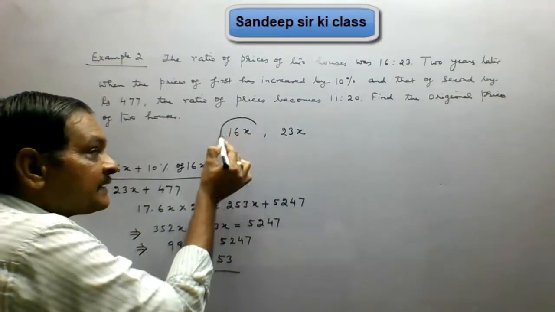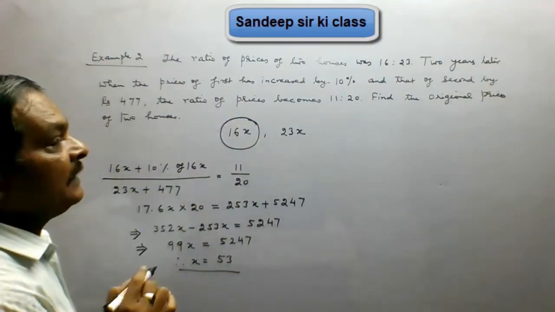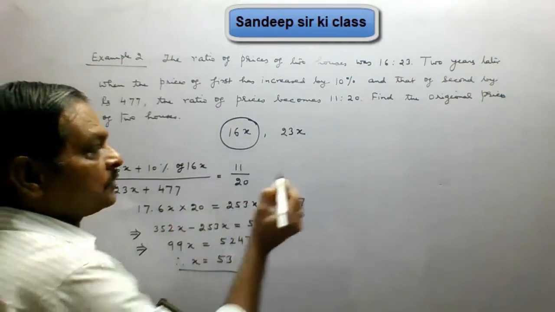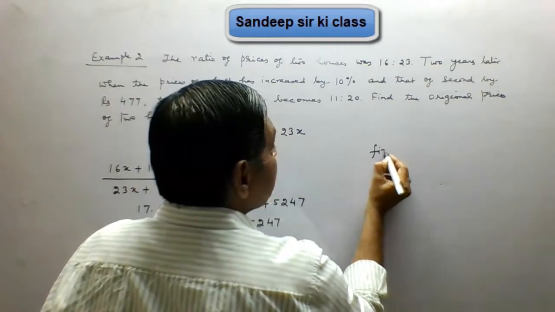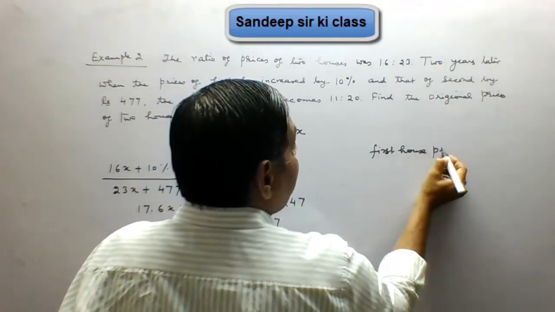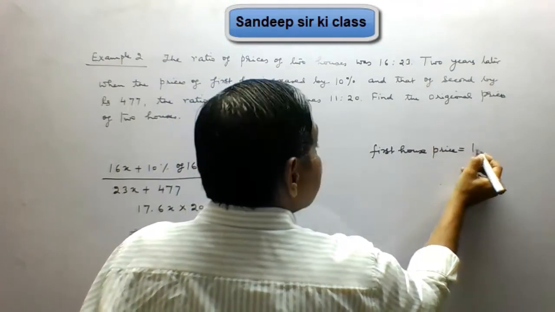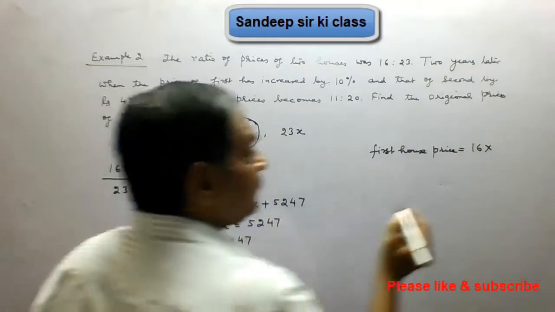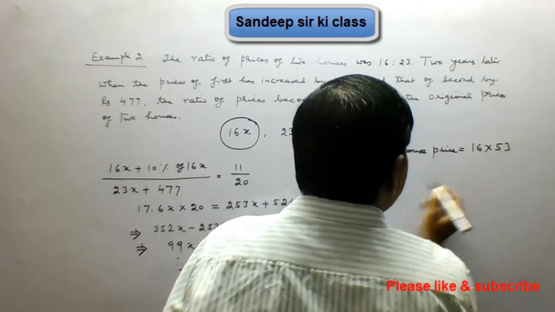This means 16 into 53 will be the original price of the first house. The first house price will be 16 into x, and our x is 53. So 16 into 53.